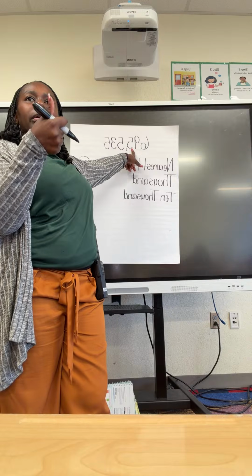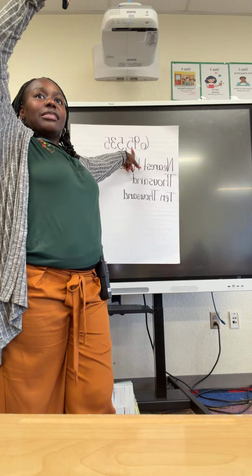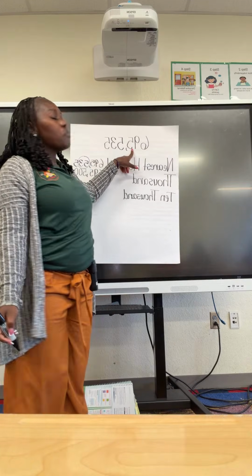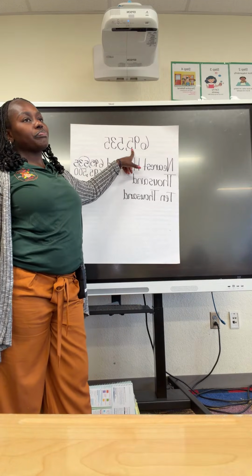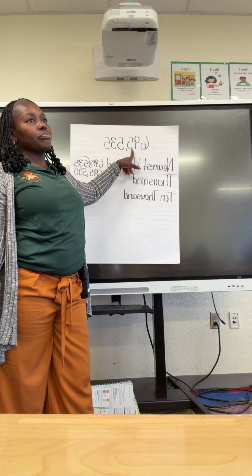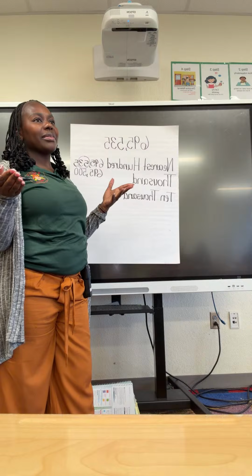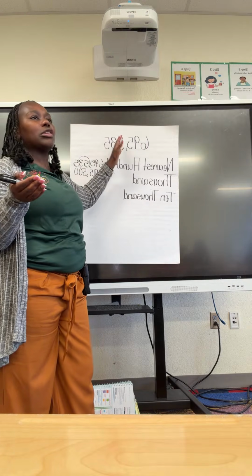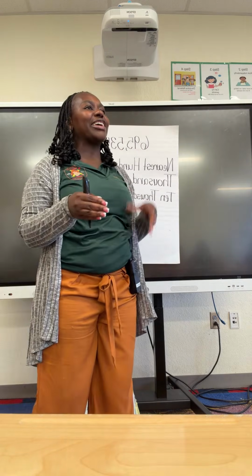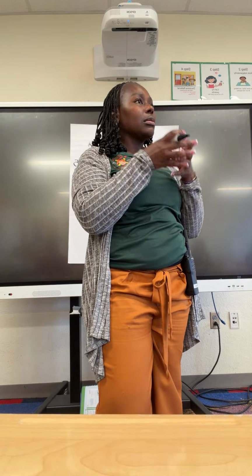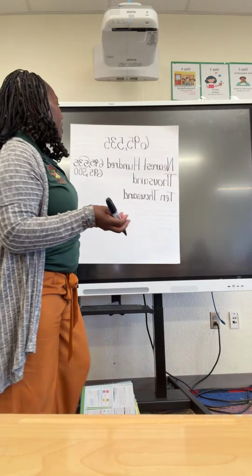Thumbs up if you agree with her. Thumbs down if you disagree. What are we gonna circle? The 5 that's there and that 5 right there. Say the number, baby. When you put a 5 and a 5 together, what number is that? There you go. That's what we're circling, 55.